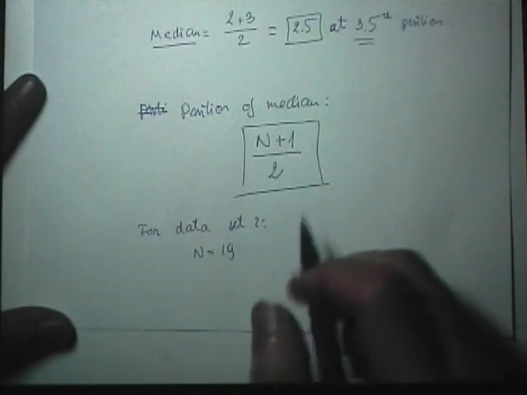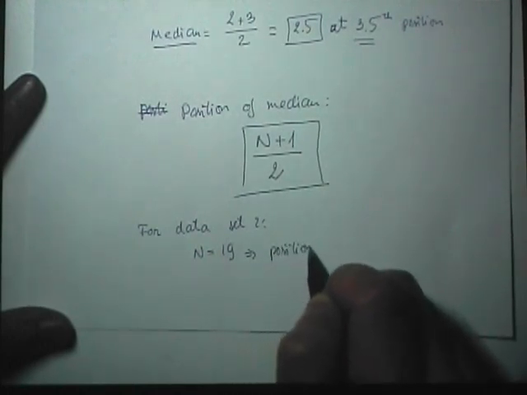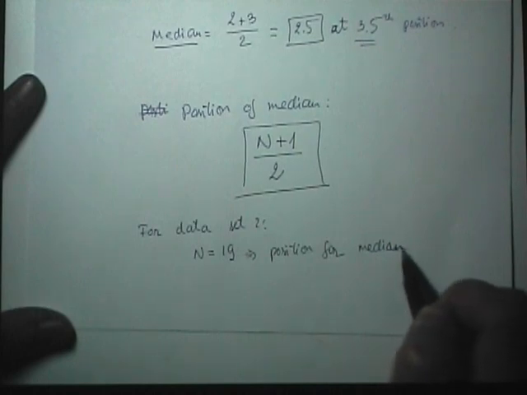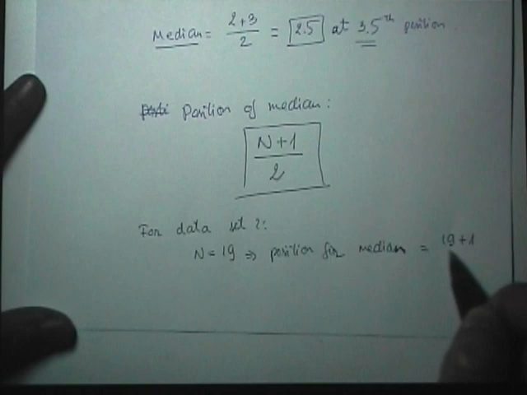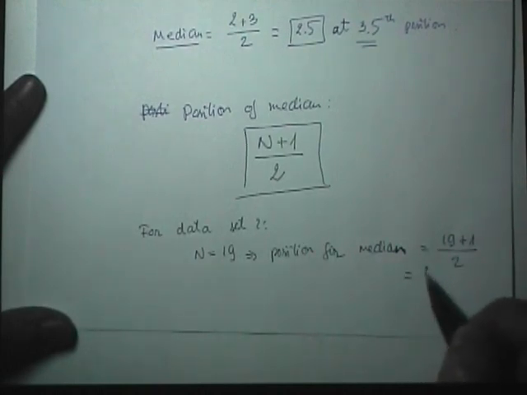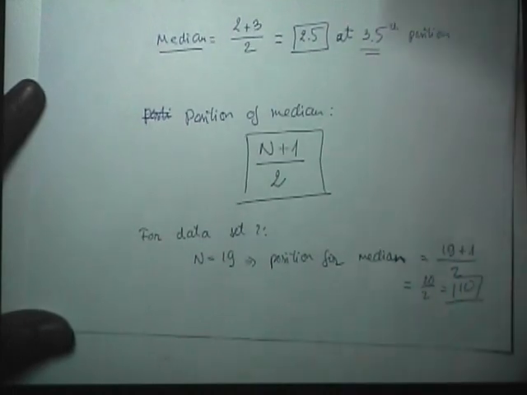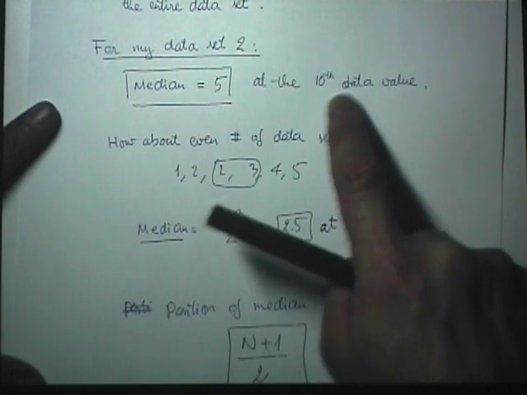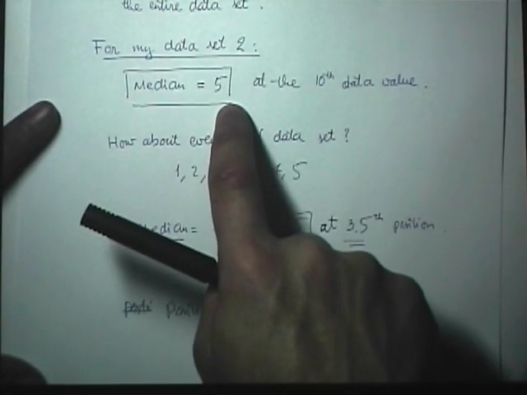So the position for the median, I'm just talking about the position, okay, is going to be 19, the total number of items, plus 1, divided by 2, so that gives me 20 over 2, which is 10. That's why I came to my 10th data value right there to look for the median, and then the value of the median is 5. Okay? Is that making better sense now?